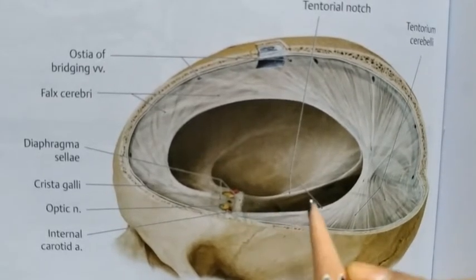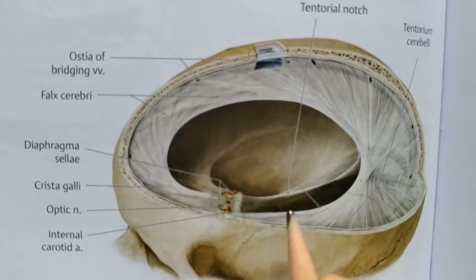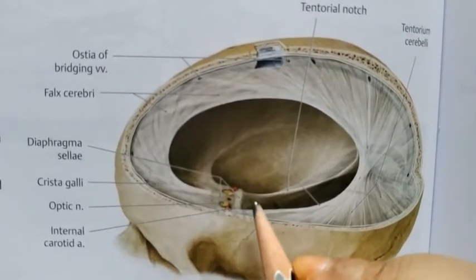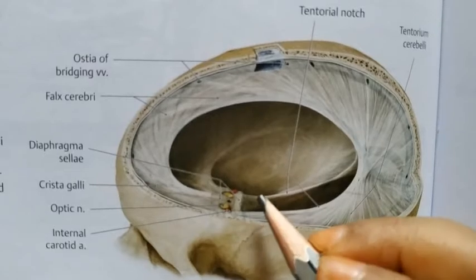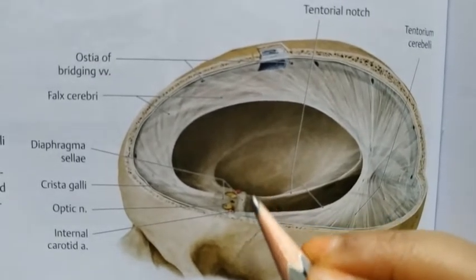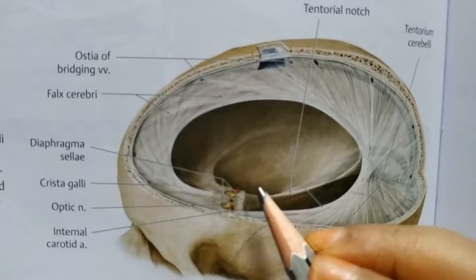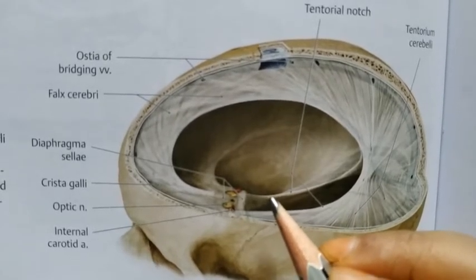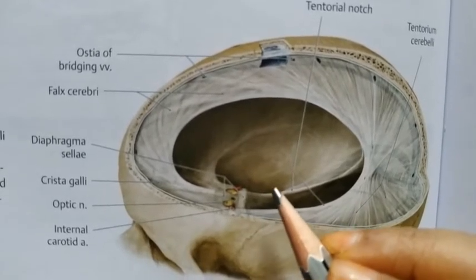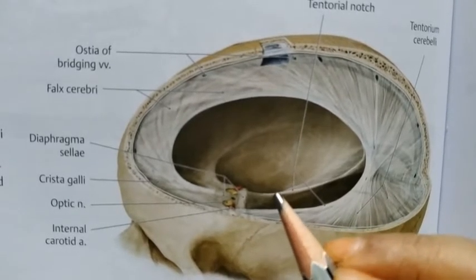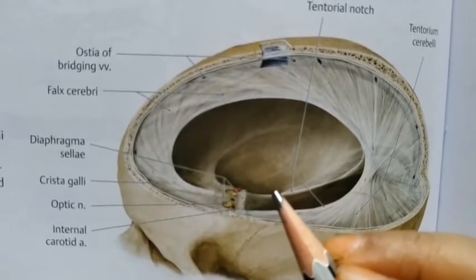Here the attached margin is crossed by the free margin, and on both sides of this crossing is the cavum trigeminale, the cave of Meckel, where the trigeminal ganglion and the sensory and motor roots of the trigeminal nerve are present.